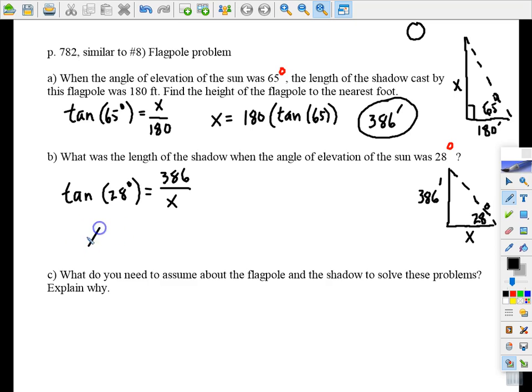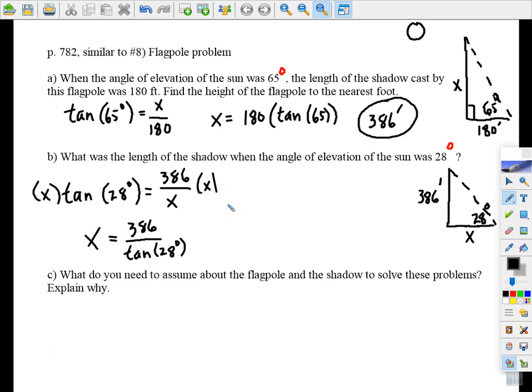So solving for x, we would be basically dividing 386 by tan 28 degrees. Okay, you can think of it this way. These are just going to basically switch places. Or, algebraically, we multiplied by x first, and then we divided by tan 28, and that got us to here.